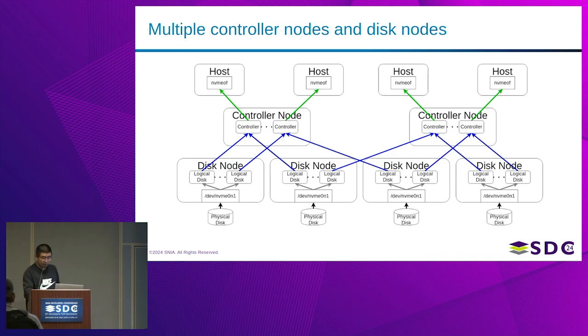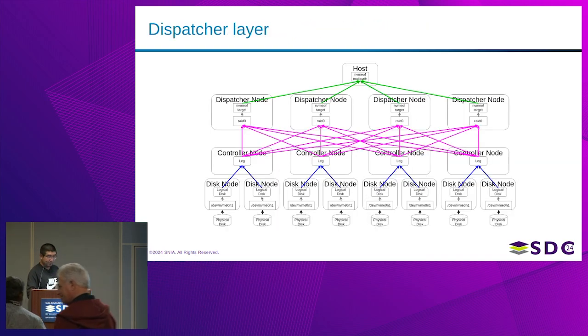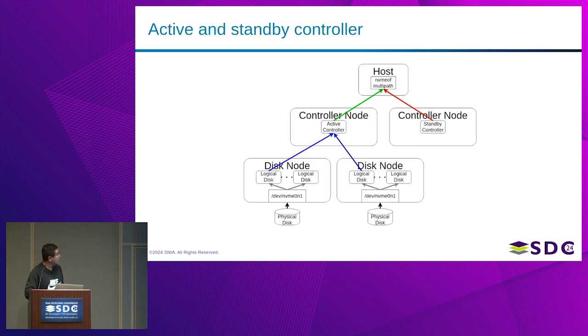A straightforward way is adding a standby controller. So for a single virtual disk, we have an active controller and a standby controller. The host connects to both controllers via NVMe multipath.